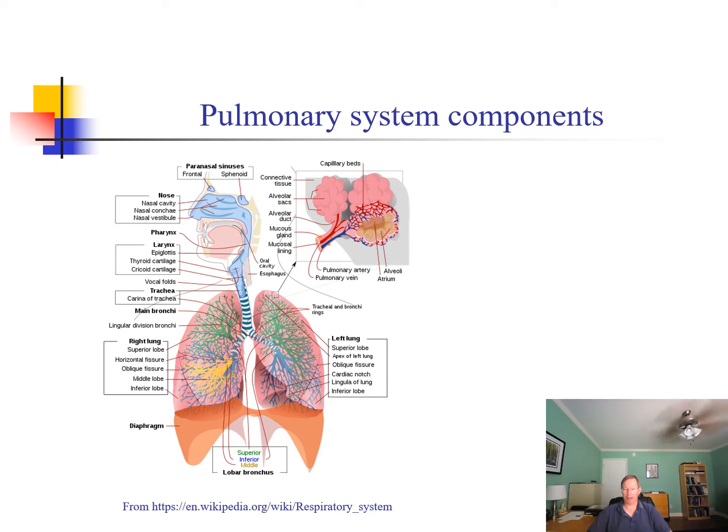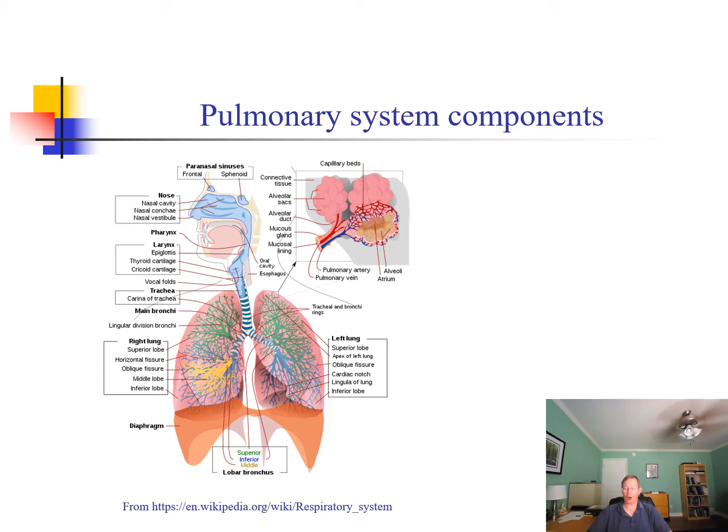And there's a little flap that comes down from the base of your tongue called the epiglottis, so that when you're eating, you don't get things that shouldn't go down the front, like food and liquids, down into your lungs. You also have a set of vocal cords which open and close and can close to try to prevent other things that have made it past the epiglottis from making it down into your lungs.